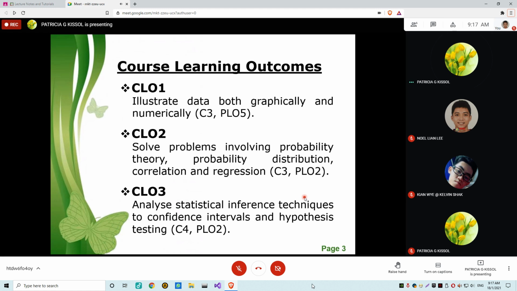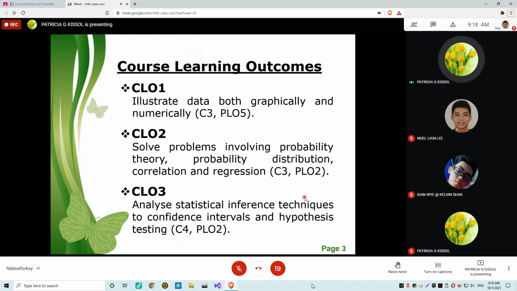So the course learning outcomes, we have three course learning outcomes. The first one is that by the end of the semester, students should be able to illustrate data both graphically and numerically.